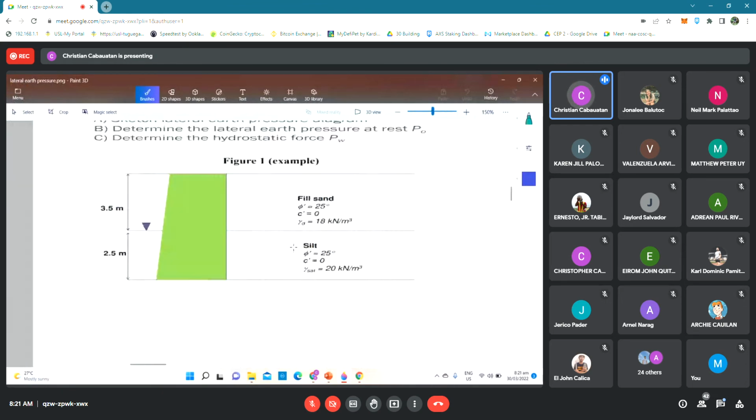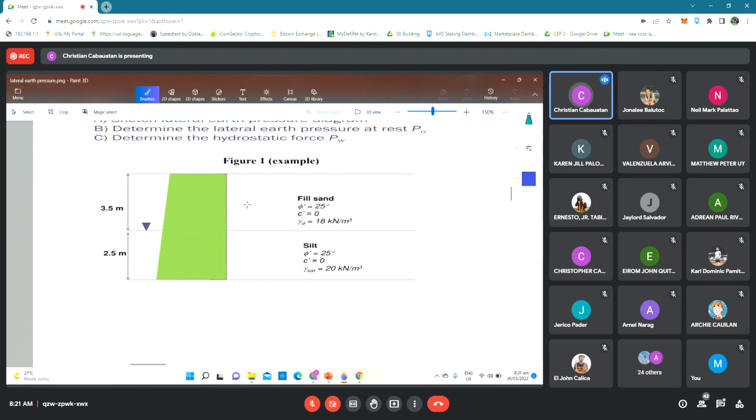We are given two layers of soil with different types of soil. The first layer would be this fill sand with an internal friction of 25 degrees, the cohesion is zero, and the gamma dry is 18 kilonewton per cubic meter, with a height of 3.5 meters at the bottom of your fill sand.